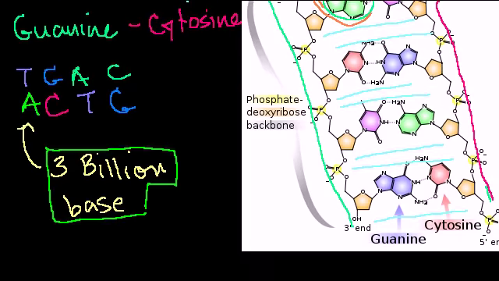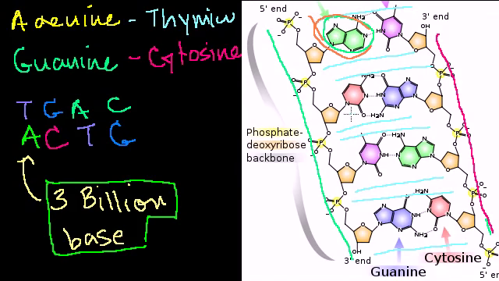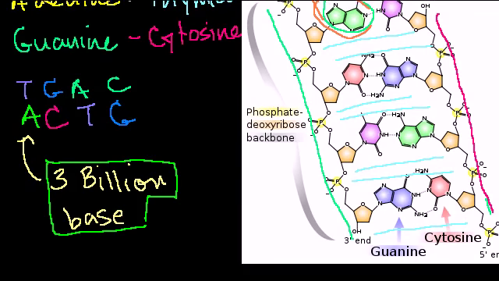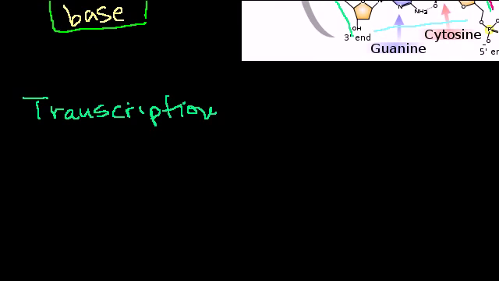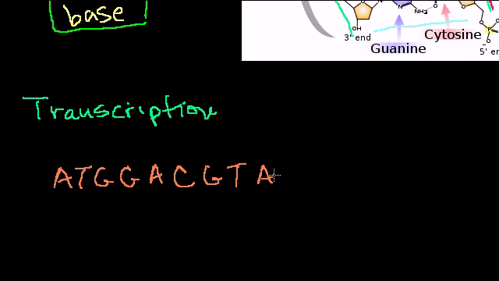So what happens when transcription happens is that these 2 strands split up, and one of the strands, let me just take one of them. Let's say it looks like this. I'll do it all in one color. Let's say it's just A, T, G, G, A, C, G, T, A. I'm just making up stuff. Let's say that's the strand that got split up. And what happens is it transcribes it, and I won't say itself.